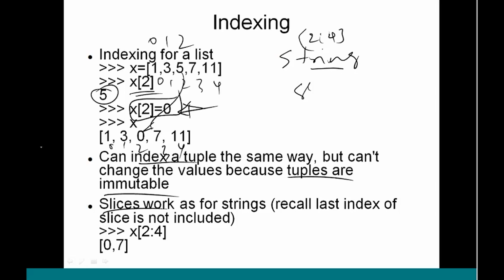Those still apply with the lists. So here we can specify 2 colon 4, and then that is index 2 up to 4, so 2 and 3 will be printed out. So here it's basically 2 colon 5.